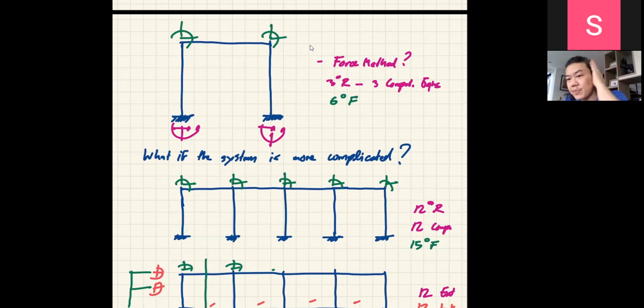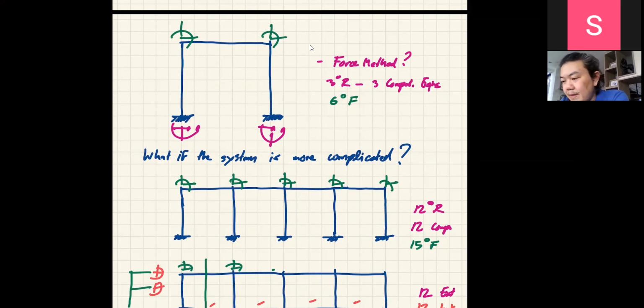So in the calculation, however, the most dominant internal force is bending moment. Generally, the axial force is also important, and the shear force.